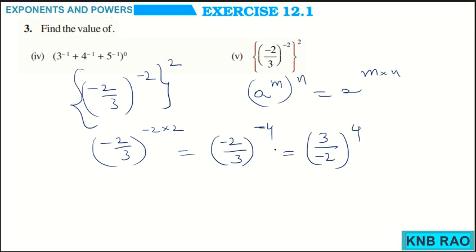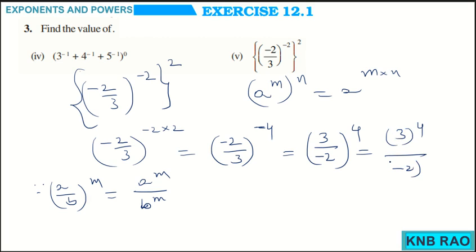So (3/-2) whole power 4 can be further written, using the law of exponent (a/b)^m, as a^m upon b^m. It can be written as 3^4 upon (-2)^4. You know here (-2)^4 is again positive. Why?